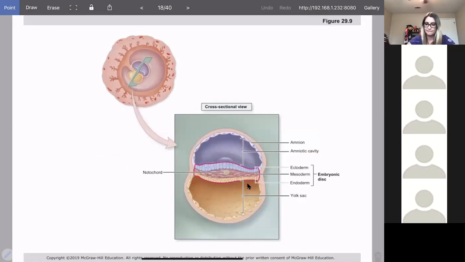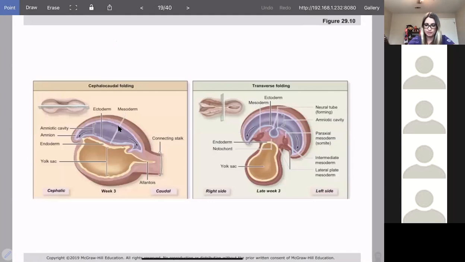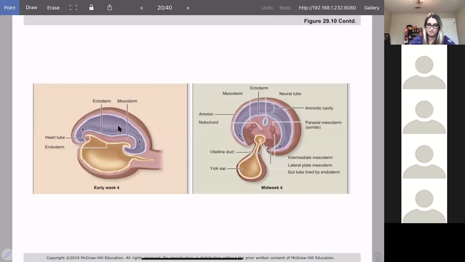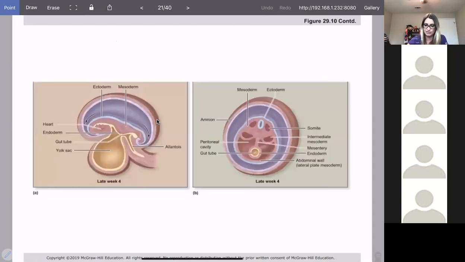All right. I do want you to know what the different primordial germ layers give rise to. You can skip over these, but this shows you how that folding happens, how everything comes together.